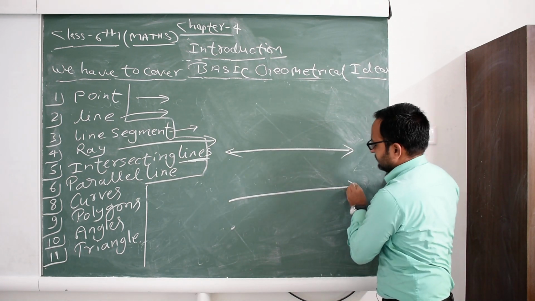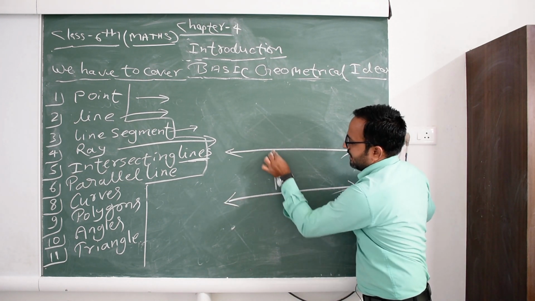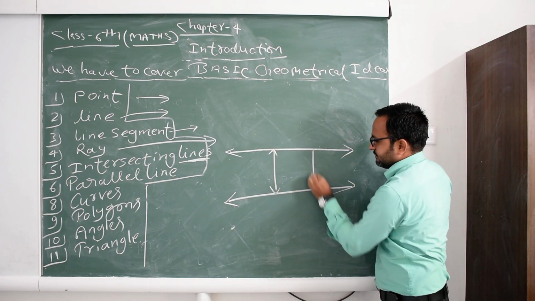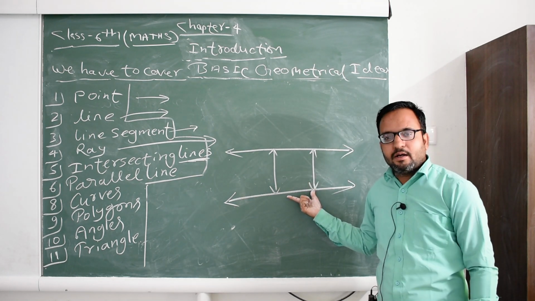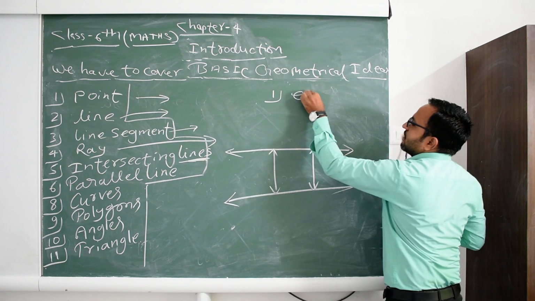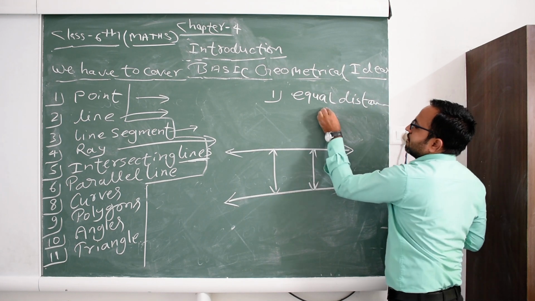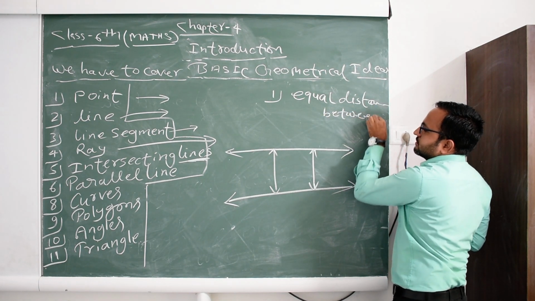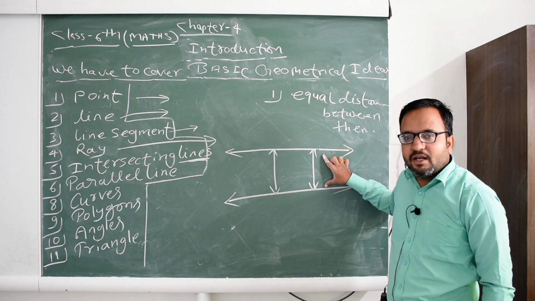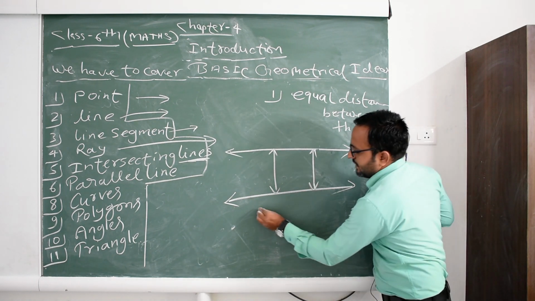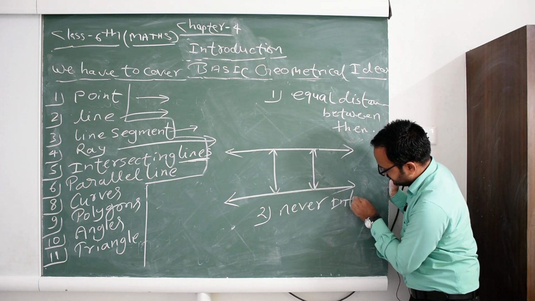If two lines are parallel, first, there is an equal distance between them, it has equal length at any point. And second, they never intersect.